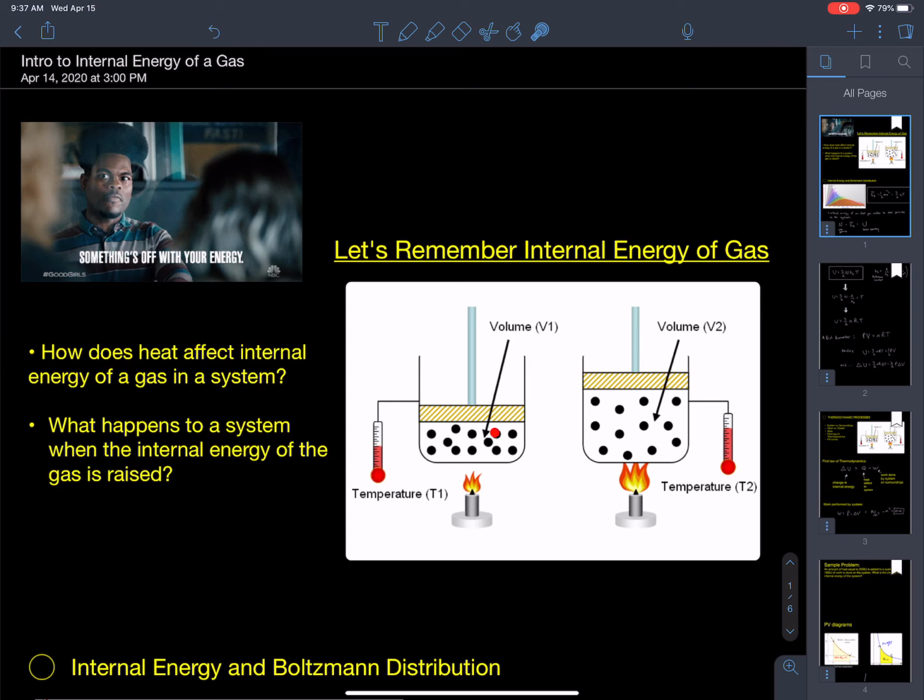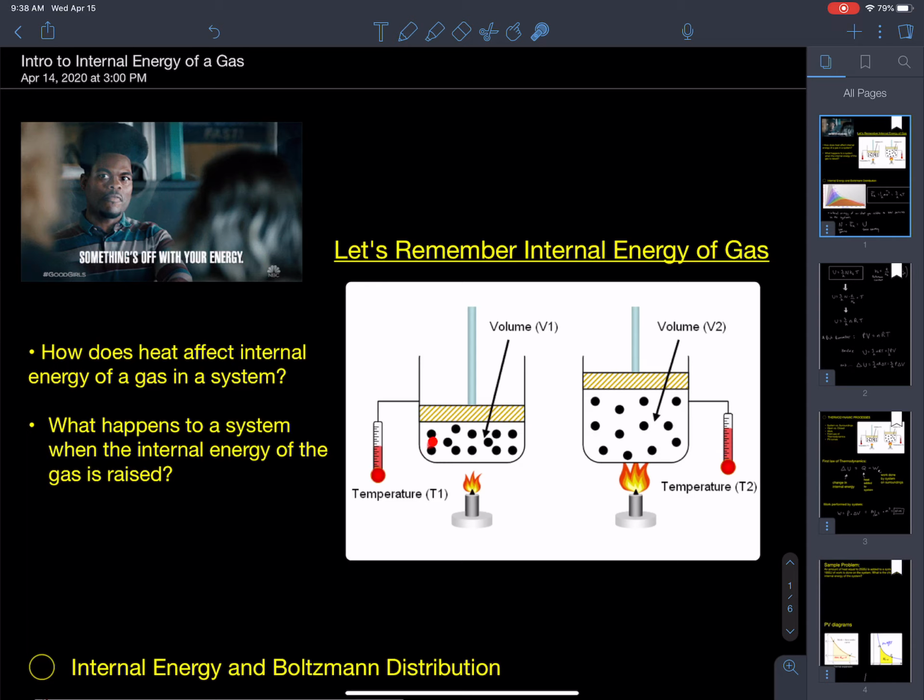So here I got a piston, like we did in chapter 3. And if I put a Bunsen burner under the piston, what's going to happen? Well, first thing that's going to happen is heat energy is going to go into the piston, and that's going to raise the kinetic energy of the particles. Why? Because the average temperature of the particles is going to go up, which is a measure of the average kinetic energy. And if these particles are going faster, they're going to have a greater change in velocity when they collide with that piston.